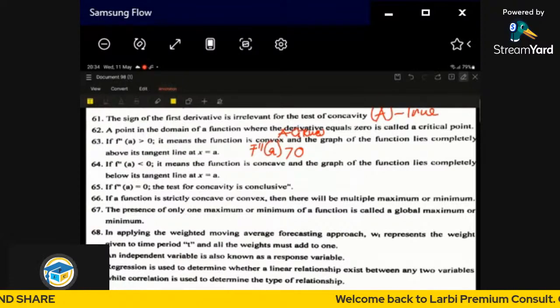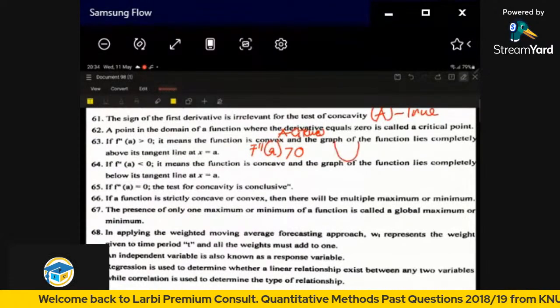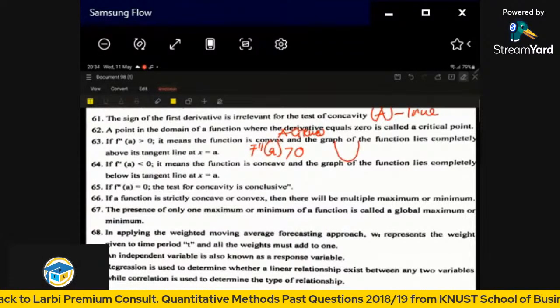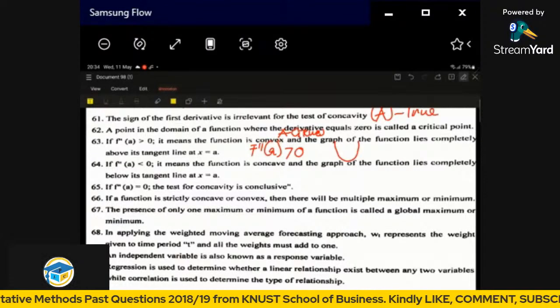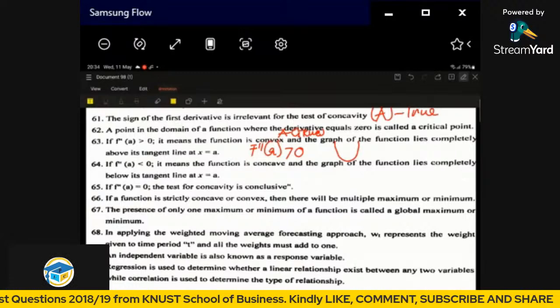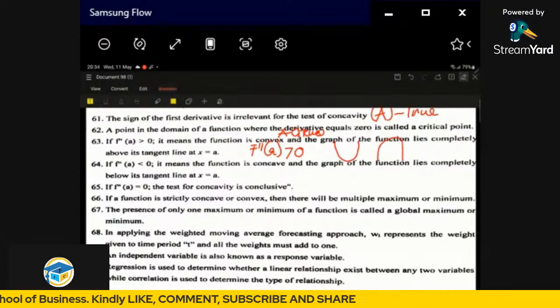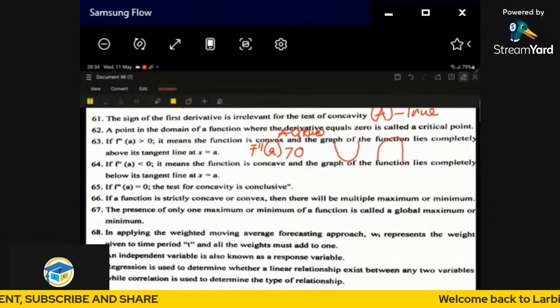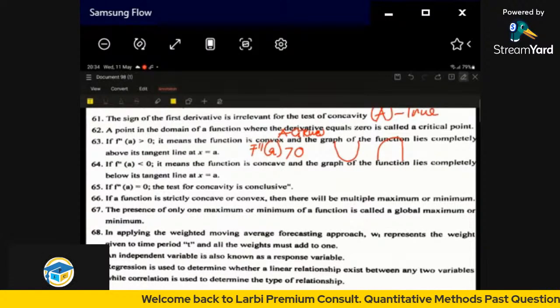A concave curve is a curve in a minimum form. So when you have a curve of this nature, we call it a concave up curve, concave upward. Is that okay? But when you have a curve of this nature, we call it a convex, a down U, or upside down U. But when you have an open U, it becomes a concave.